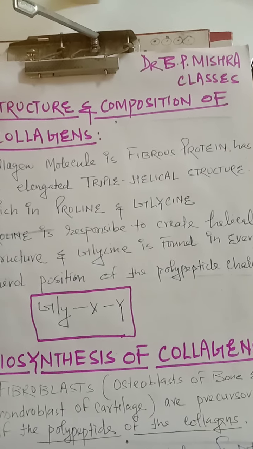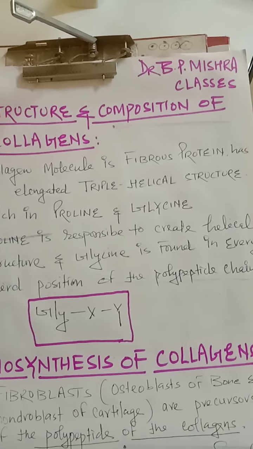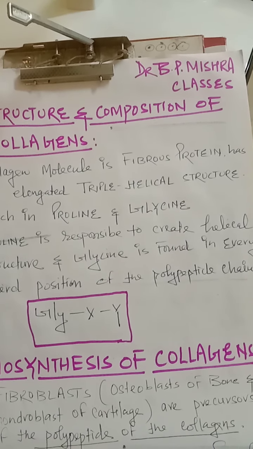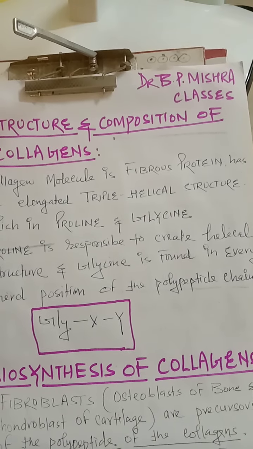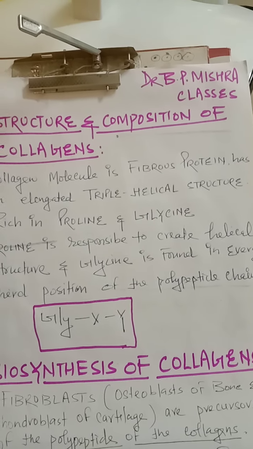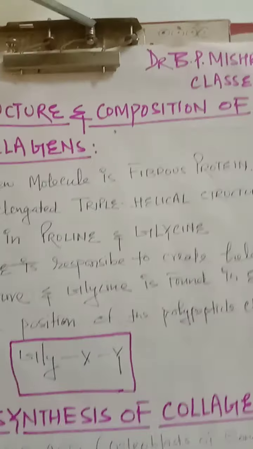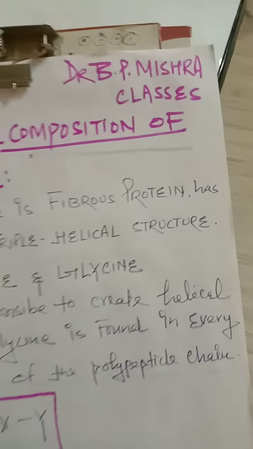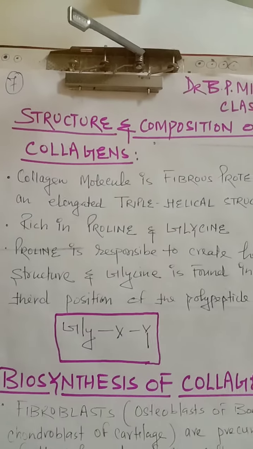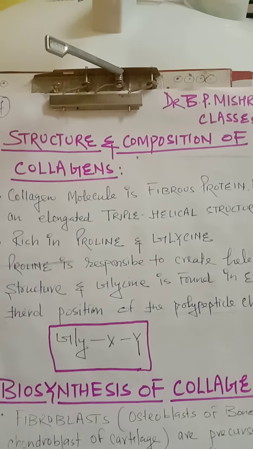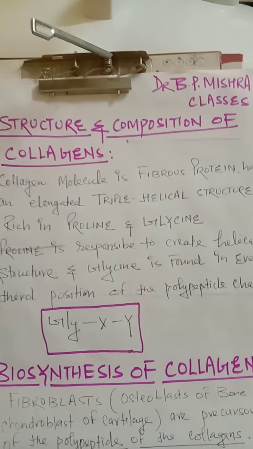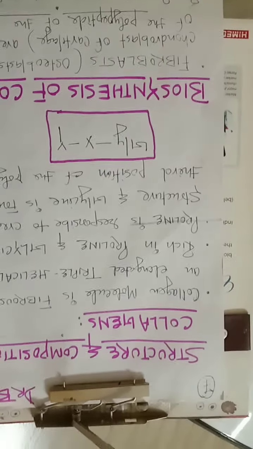Most of the extracellular matrix components are proteins, and among them, collagen is very important, and it is what type of protein? Fibrous protein.